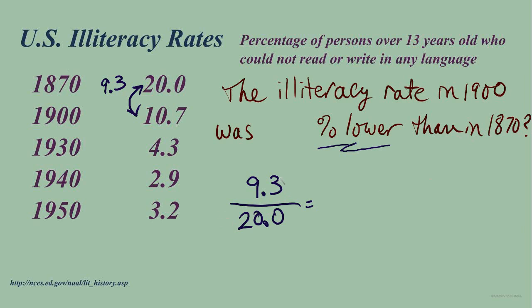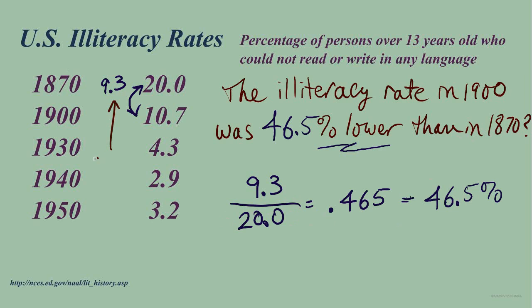And I can tell that it's going to be just about half, a little bit less than half. It's 0.465, so 46.5%. So this actual difference that we see, which we would call percentage points, is an absolute difference. And comparing that absolute difference to one of our original amounts is creating a relative difference.